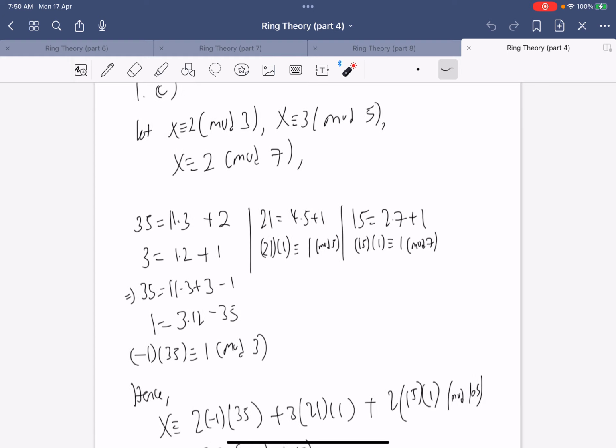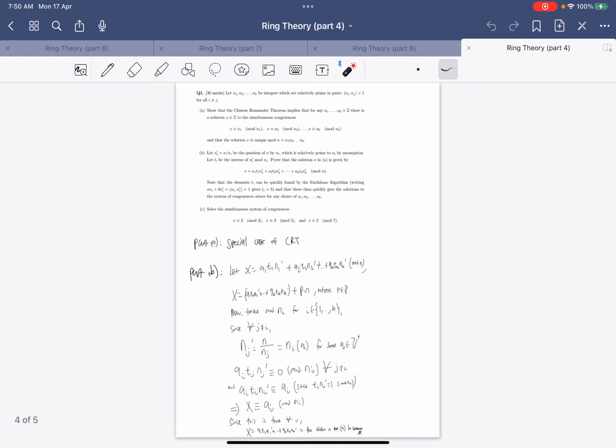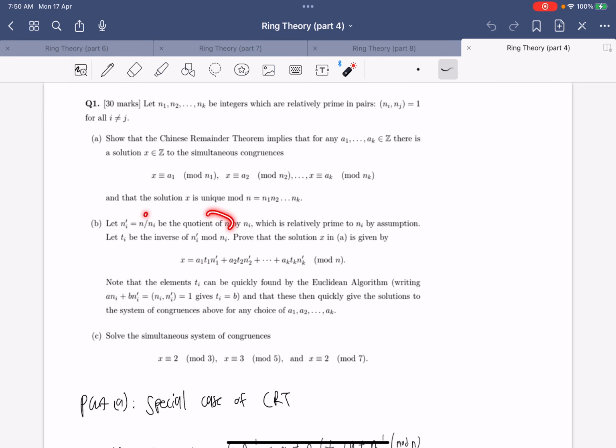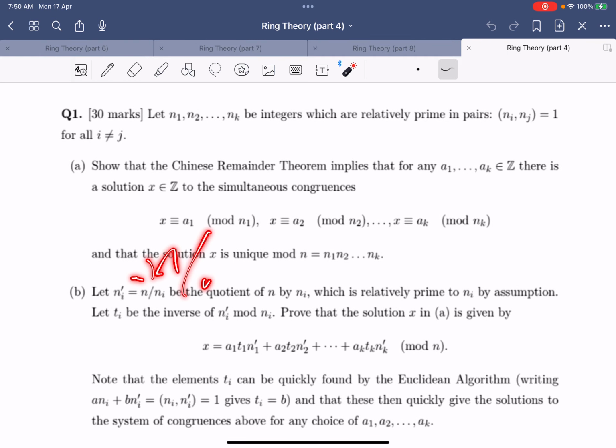So let's say we have the congruences x is congruent to 2 mod 3, 3 mod 5, and 2 mod 7. The way of doing this is we need to first find the inverse of ni prime for each i, where ni prime is n over ni.